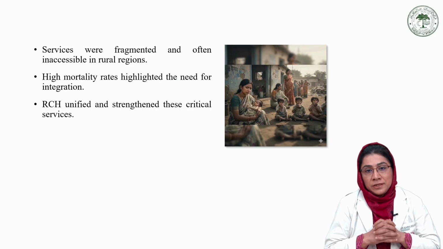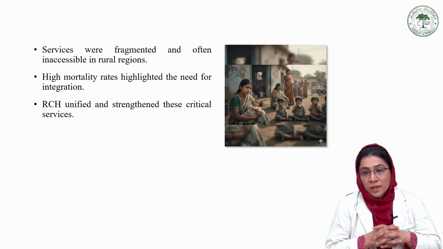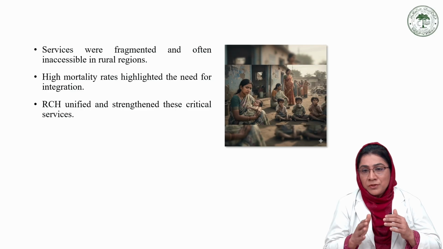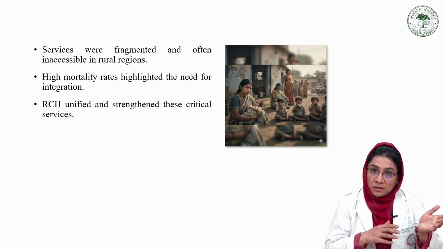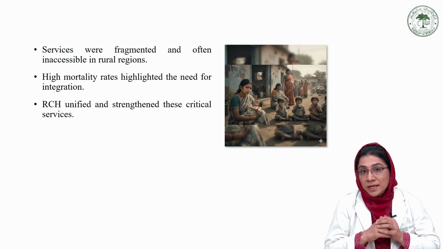To understand the scope, start with the problem RCH is trying to solve. Services used to be fragmented, so families often fell through the cracks when they moved from one life stage to another. Rural and tribal areas face the biggest access barriers, especially in emergencies.